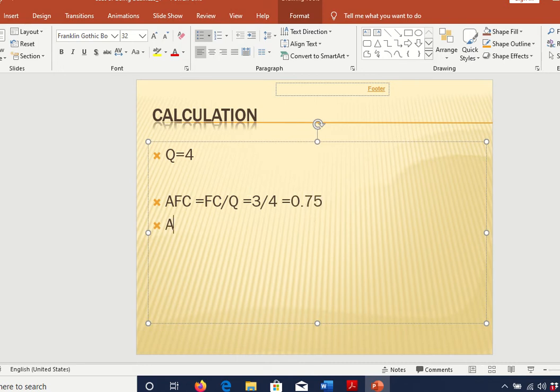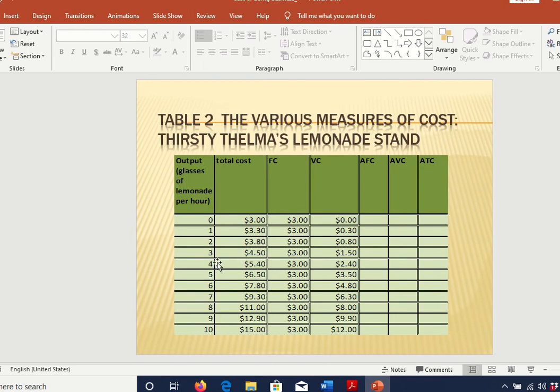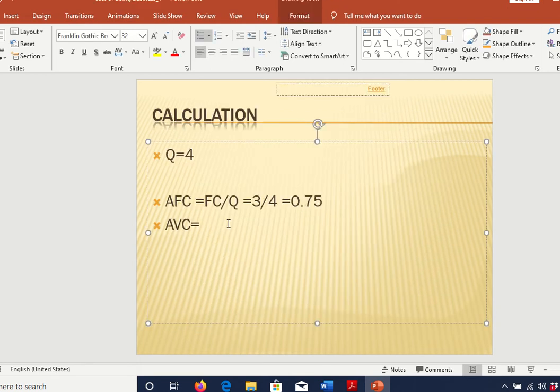Then let's find average variable cost. Going back to the table, the total variable cost is 240. 240 divided by 4 will give us 60 cents.